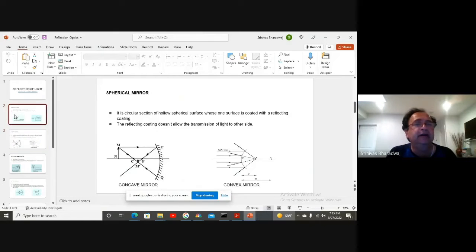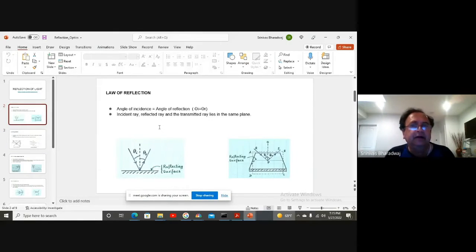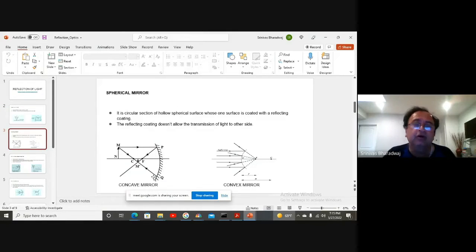When you had the flat mirror, the size of the image, the incident and the reflected, will be equal. Now, if you have what is called a concave mirror, it will be smaller if the image is behind the focus or behind the center of curvature.